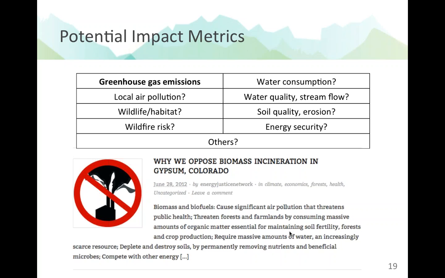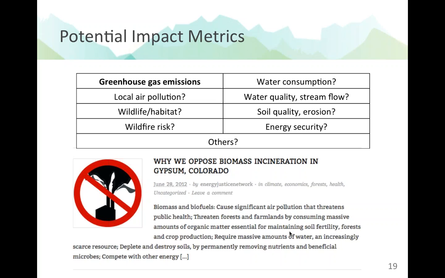So you could be thinking about local air pollution. You could be thinking about water consumption, water quality, and stream flow. All of these other impacts that you might be making better or you might be making worse with your particular technology compared to the alternative of conventional gasoline use or conventional coal use in the case of your alternate bioenergy pathways.